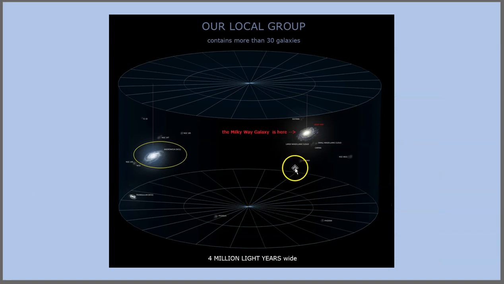So today, here's a layout of our local neighbors. We have the Milky Way here, we have the small and large Magellanic Cloud here, and here's Andromeda. Today we now know it's about 2.5 million light years away. It would take light 2.5 million years to get from our galaxy to Andromeda, or vice versa.